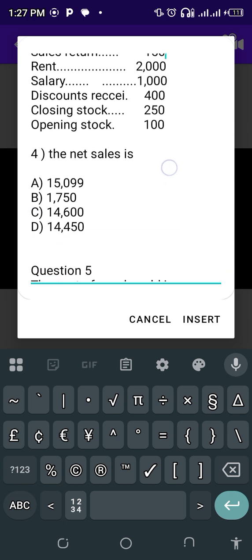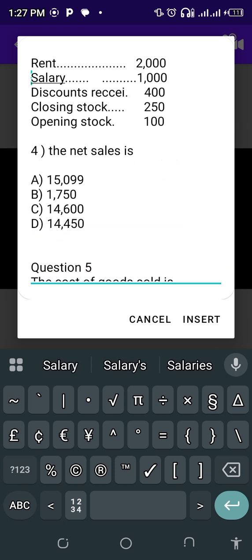In the options, the correct option is option D, 14,450, which is 14,600 minus 150, the sales return.